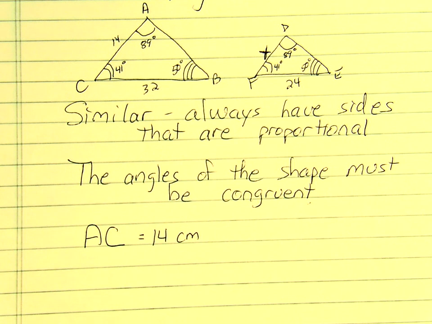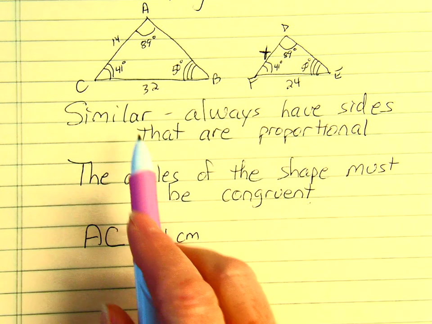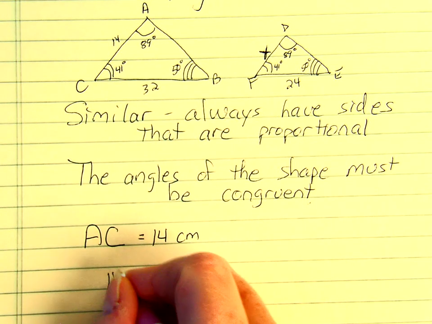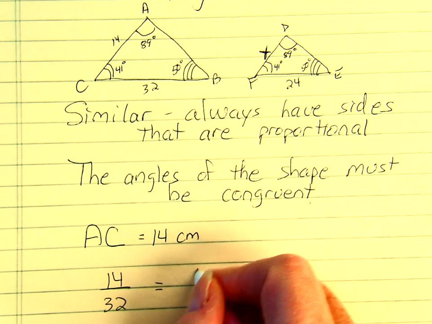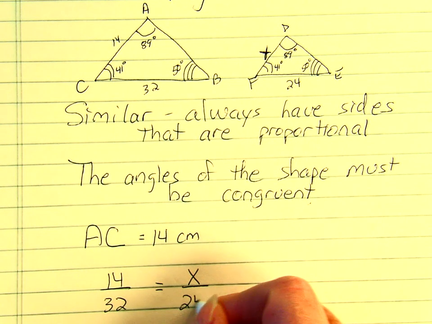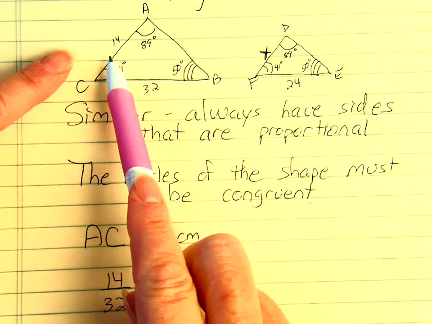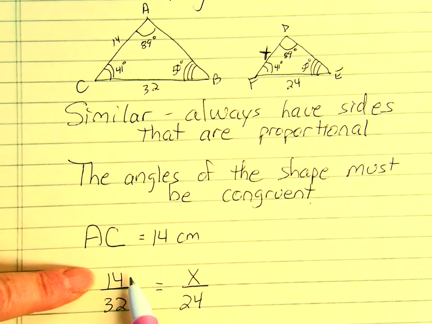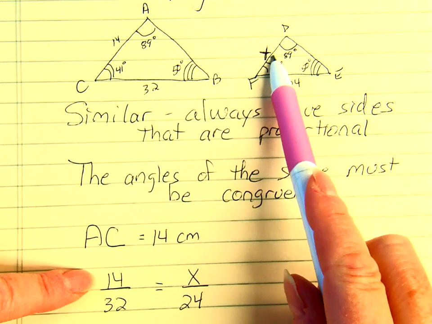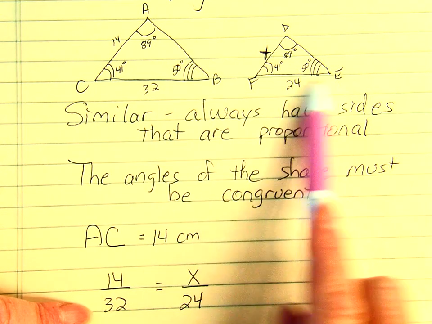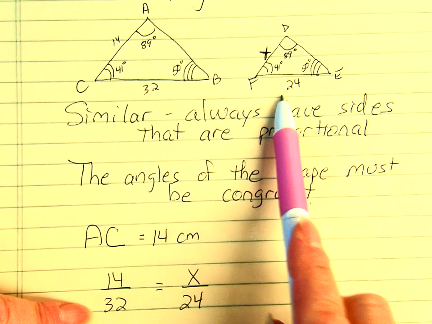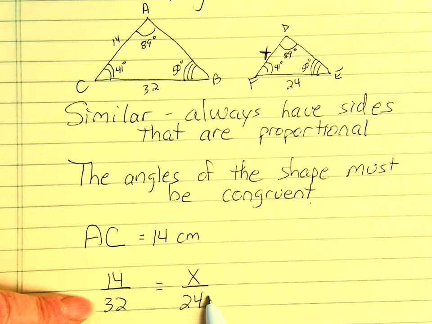So all we have to do is set up a proportion and say 14 to 32 is going to be equal to X over 24. Notice my 14 is in my numerator, my X, therefore, is in my numerator, and 32 and the same side measure, 24.